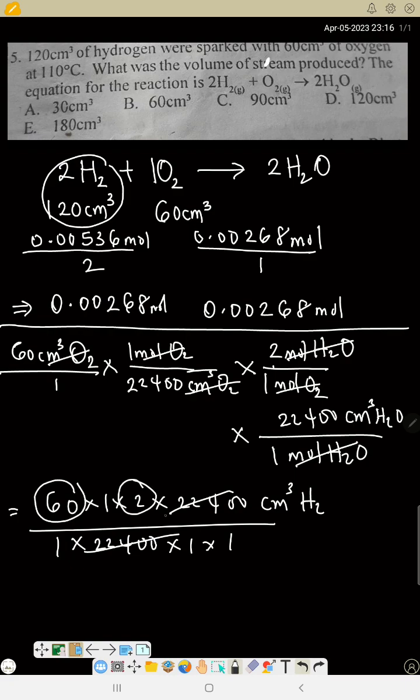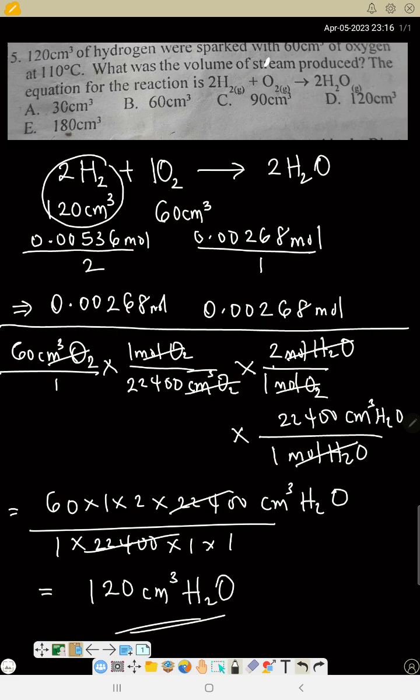We have 60 times 1 times 2, that is 120 centimeter cube. Do you see that any one I use, I will still get 120, because they give me the same result, meaning both will finish at the same time. So I use hydrogen, I still get 120. I use oxygen, I still get 120. So according to the question, the volume of steam produced is 120 centimeter cube. So the correct option is D.